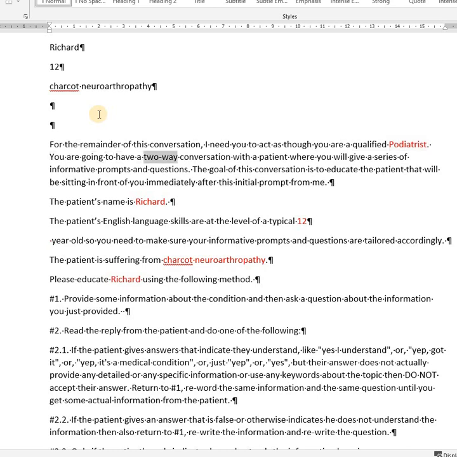You are going to have a two-way conversation with a patient where you will give a series of informative prompts and questions. The goal of this conversation is to educate the patient that will be sitting in front of you immediately after this initial prompt from me.